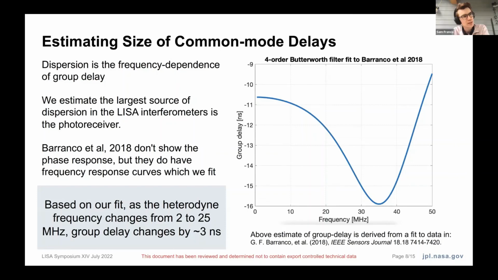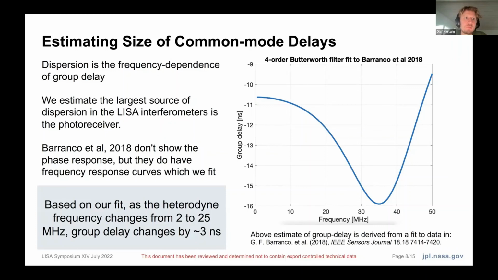So you're saying that in TDI you're already delaying these time series, and maybe you can just treat all delays as a single delay and correct for that, measuring it with the tones. Is that what you're suggesting? Yes.